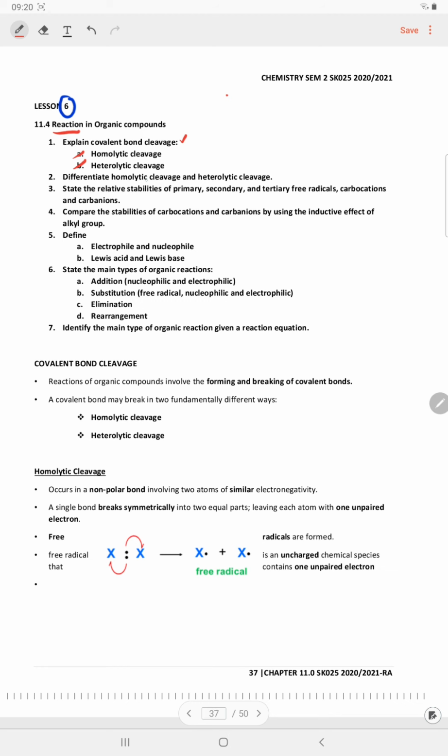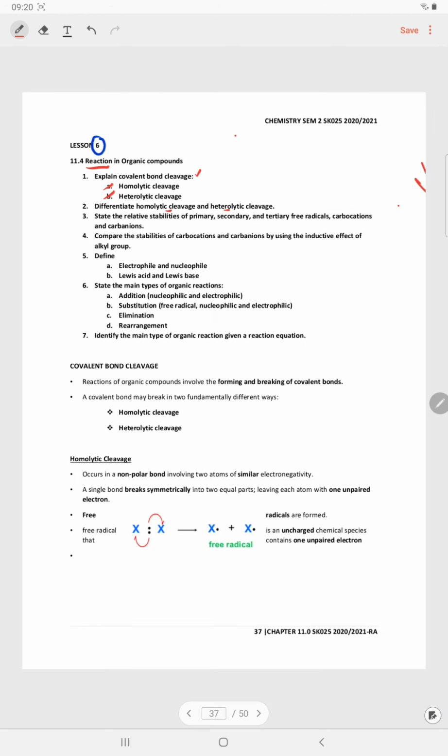You must differentiate between heterolytic and homolytic cleavage, and then state the relative stability, either primary, secondary, tertiary, of the intermediate species, carbocation or carbanion. Compare stability, and define the species of the process according to electrophile, nucleophile, Lewis acid and Lewis base. State the main type of the reaction and also the specific type of the reaction according to the equation given.